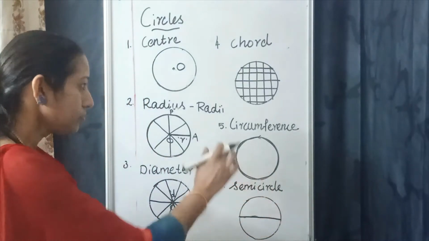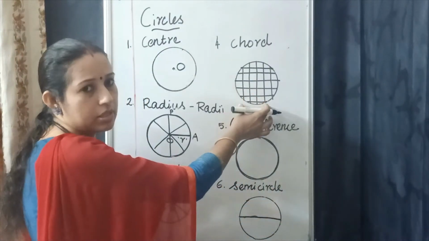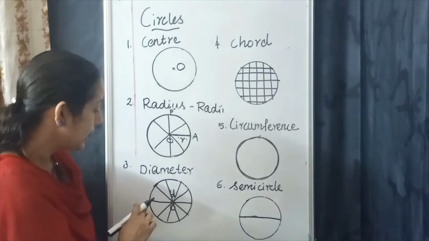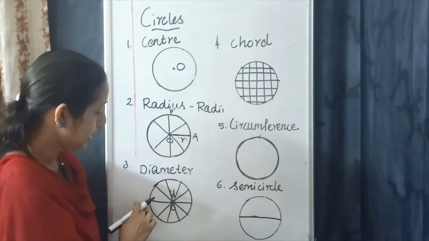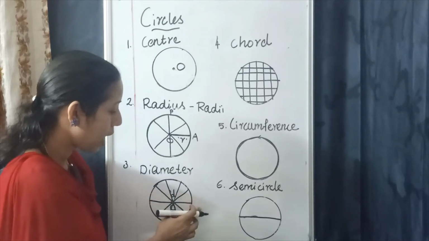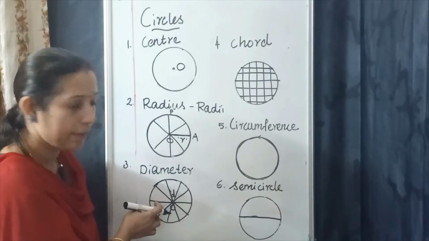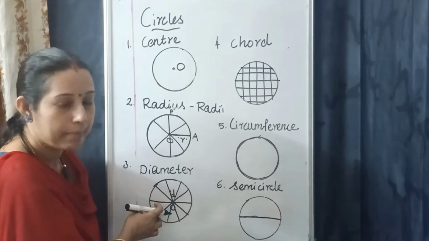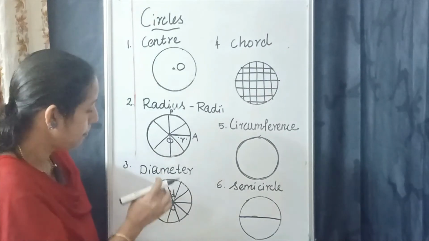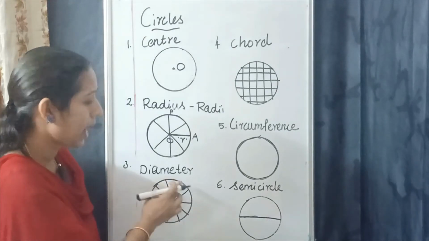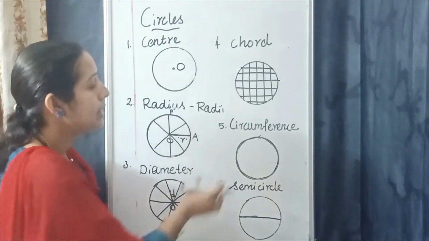We can draw an infinite number of chords in a circle. The diameter is the line we draw from one point to another passing through the center. To represent the diameter, we use the small letter d. We can draw an infinite number of diameters in a circle.